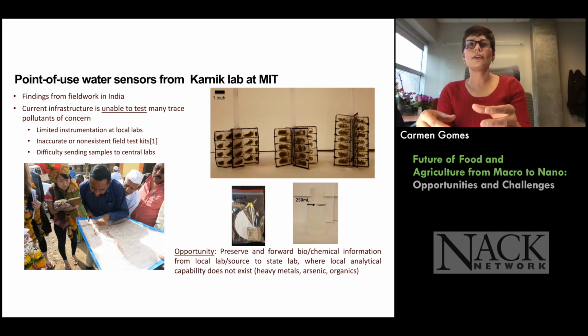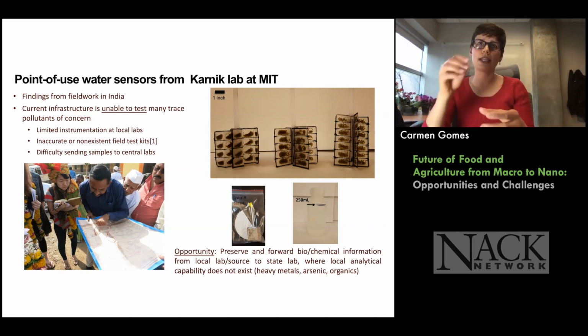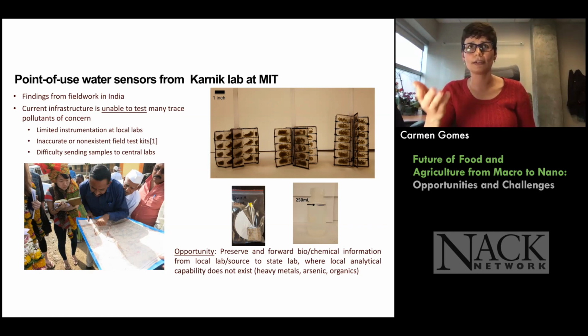Once it goes to a location there, they use this fan that has those little resins that are being repurposed, which has a very good binding affinity to heavy metals. They expose the water to this particular material, and then after that they blot it, dry it, and they are able to put it in an envelope and ship it to a lab that will do the analysis.